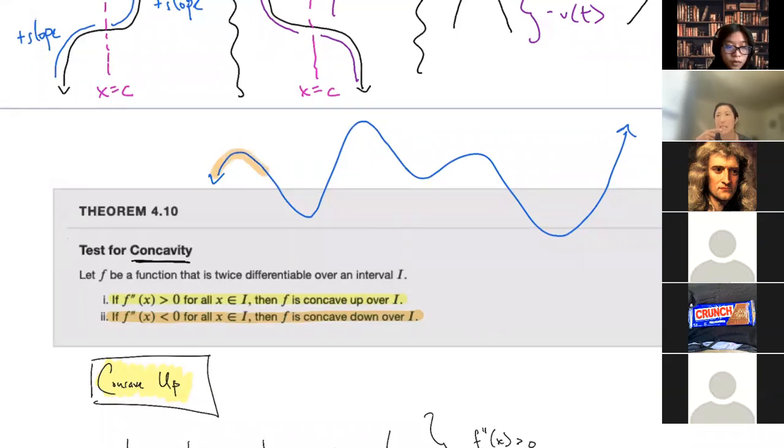Would you agree that that's concave down? And would you also agree that this part right here is concave up? When does it stop being orange and start being yellow? I don't know exactly where it is, but it looks like it's somewhere here, right? That's the inflection point.